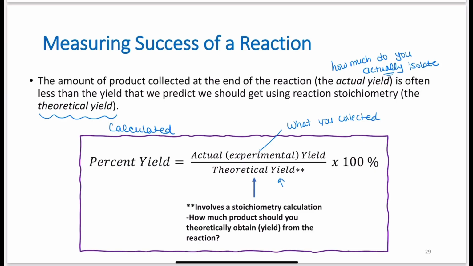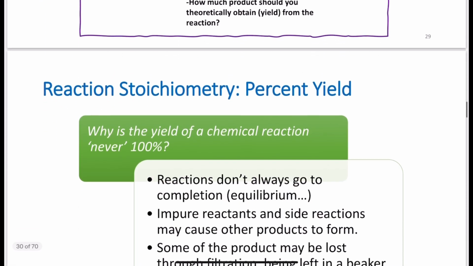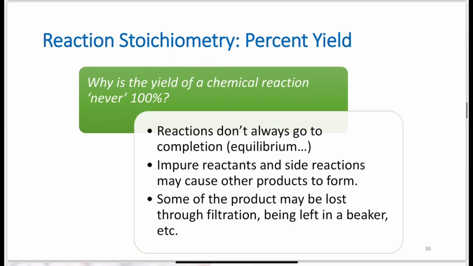But we do this, we present the efficiency of a reaction as percent yield. So again, your actual experimental yield is what you collected.